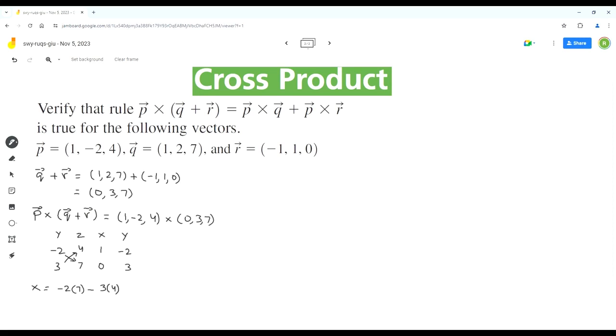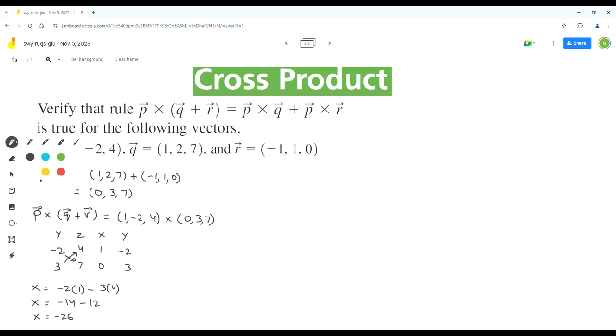So we always go from top across to the bottom and then from bottom across to the top. The negative 2 times 7 is negative 14, minus 12. So I got negative 26. So this is the x component of the cross product.